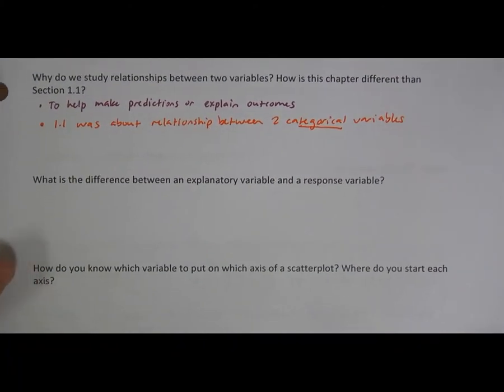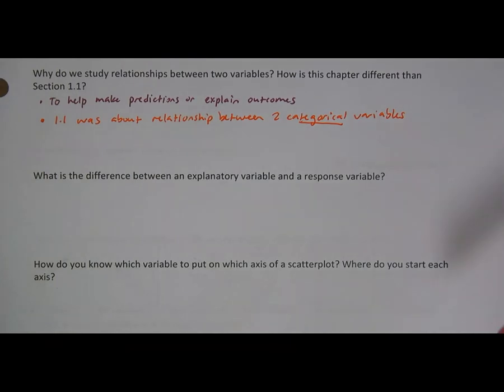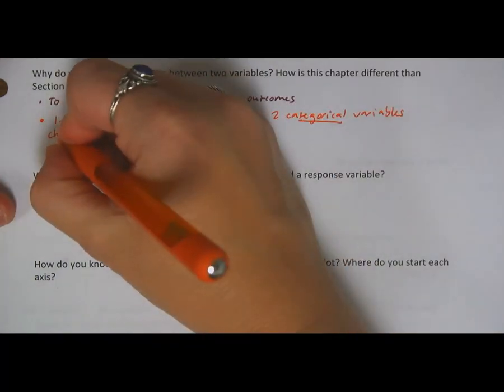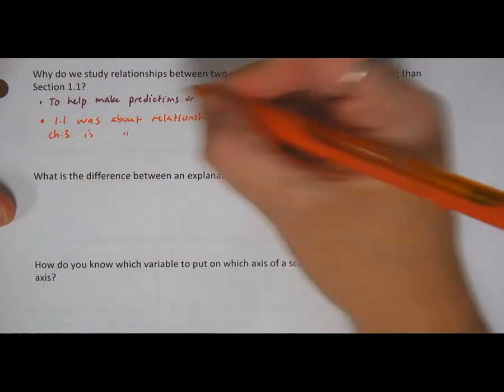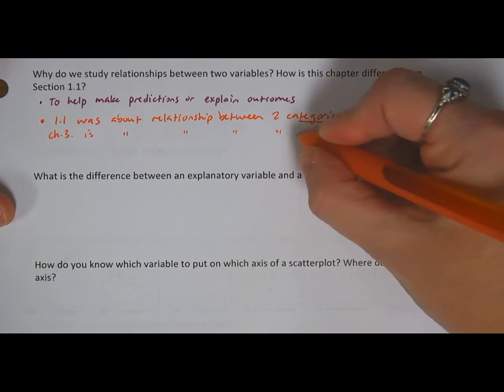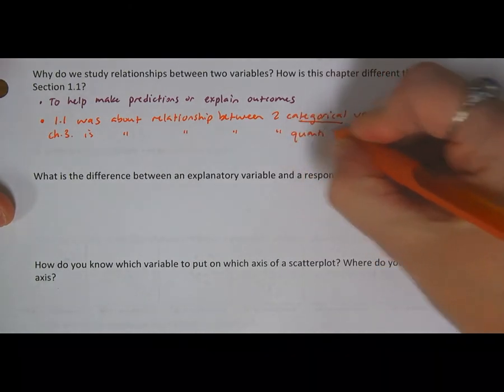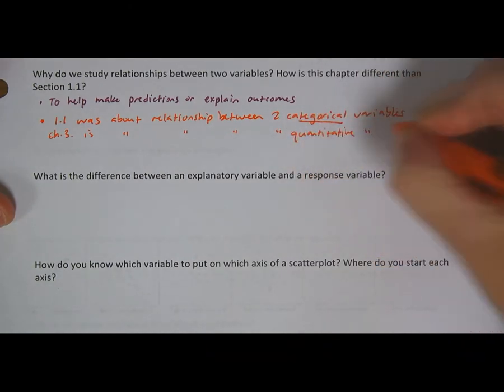Really, two-way tables are the way we display that. Segmented bar charts, mosaic plots, and chapter 3 is about relationship between two quantitative variables.